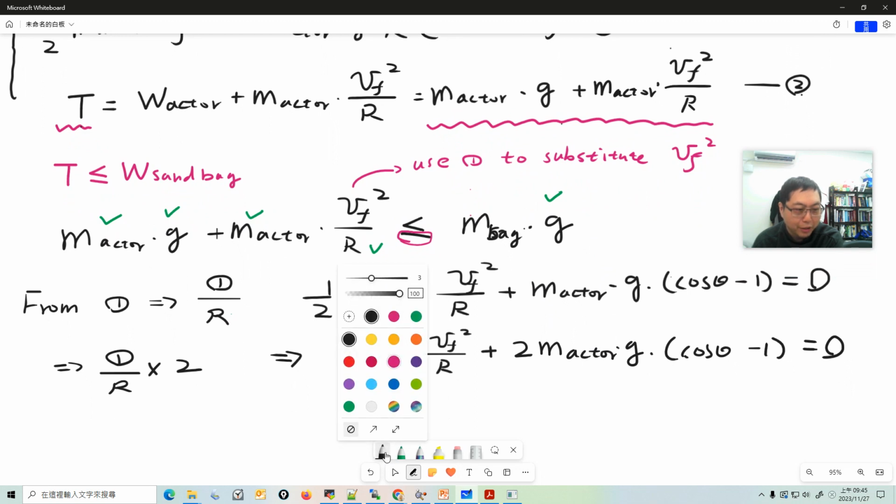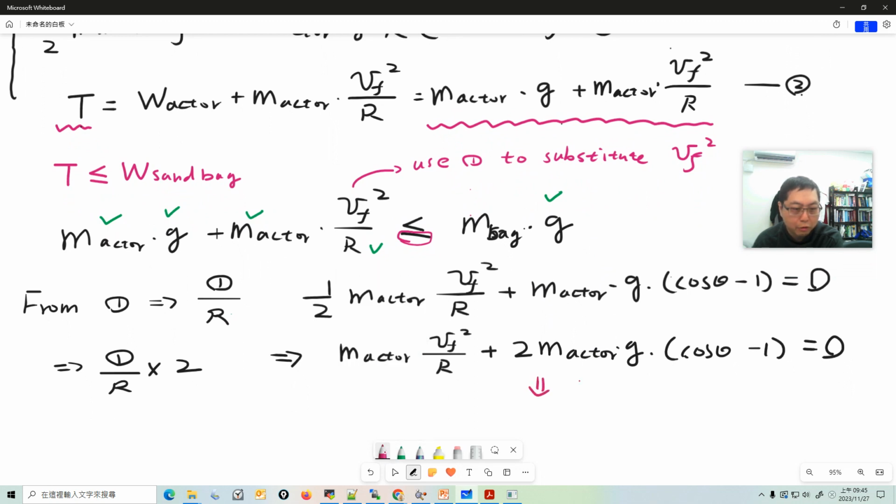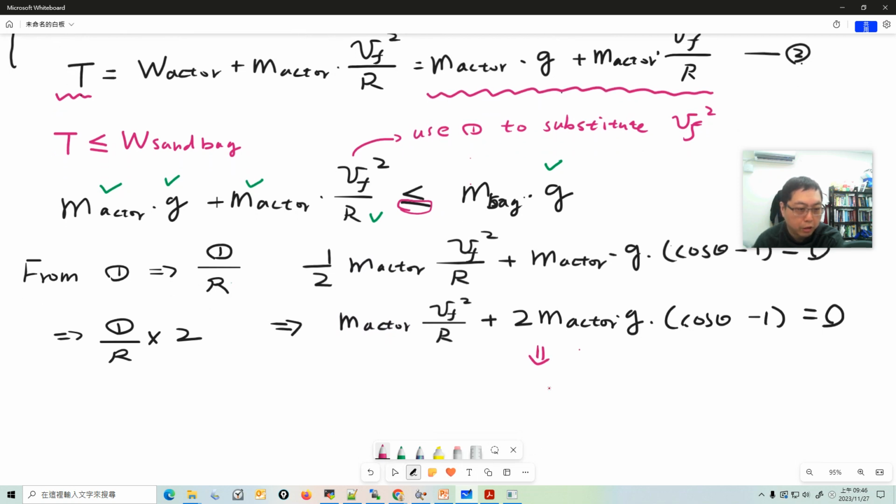Because I want to get this relationship. Then I will have M actor times v squared equal to, because moving it to the right hand side gives a minus sign, so it will become like this: 2 M actor times g times 1 minus cosine theta.